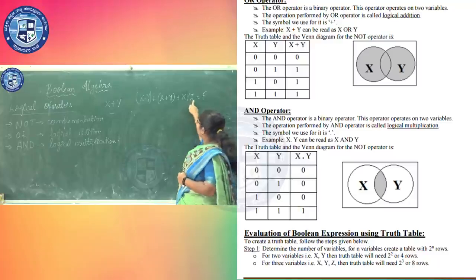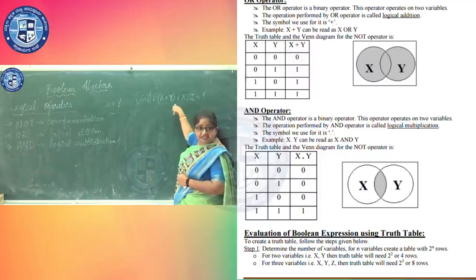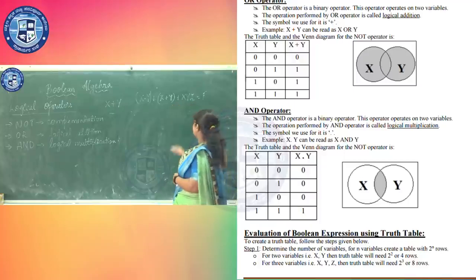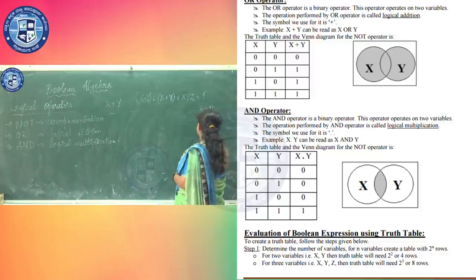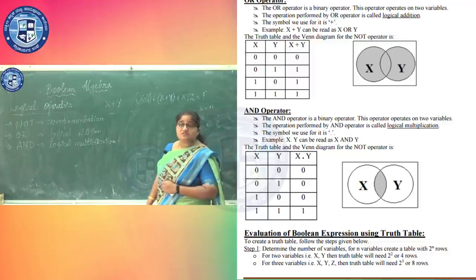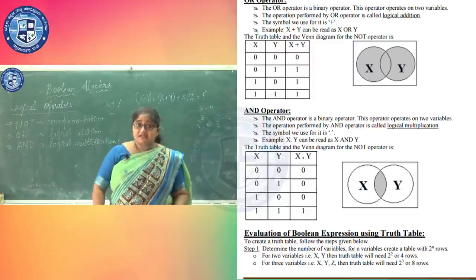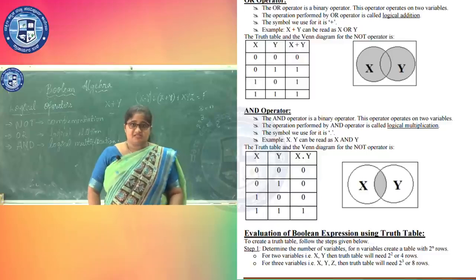Here I am having 3 variables. I have a variable z, I have a variable y, I have a variable x. It means I have 3 variables and that is equal to n. So 2 to the power of 3, that is we will have to have 8 rows. So this is how you put up the truth table. We will have to determine the number of variables in the expression.